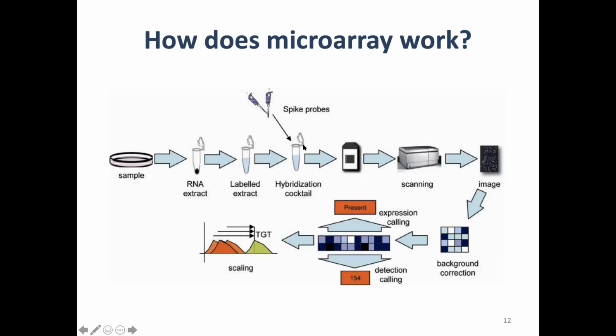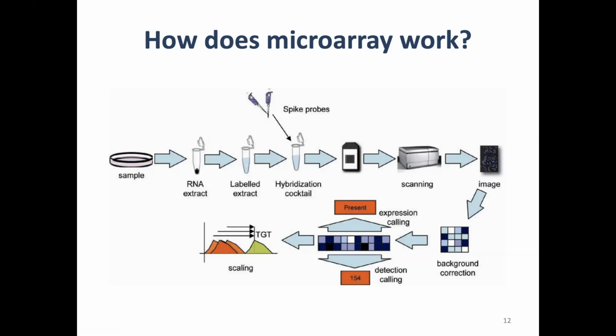Then once you make the hybridization cocktail, you inject that into the chip, and then you let it hybridize for a while, for a day. And then once it's dried, you are ready to scan it. Once you use the scanner with a laser beam of two different wavelengths, then you will see the colors. You will see each spot glow based on the gene expression.